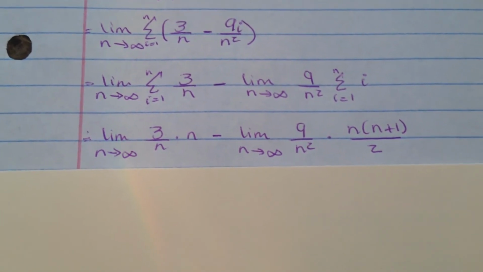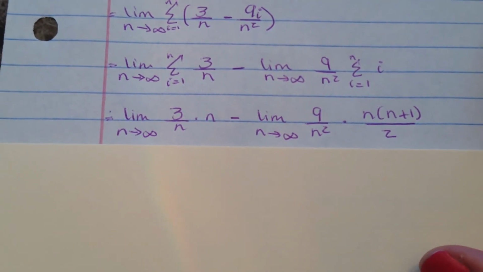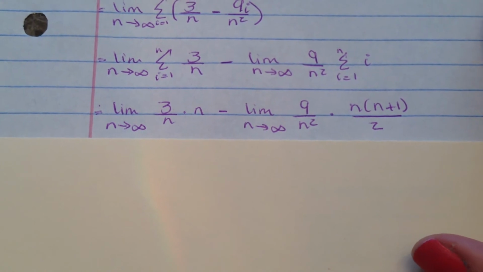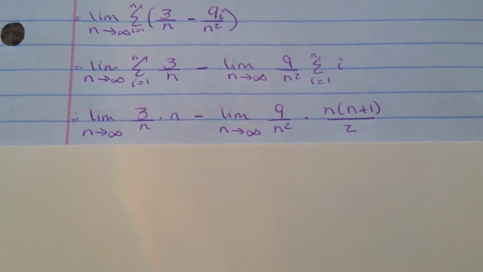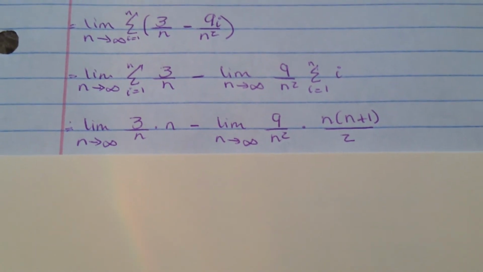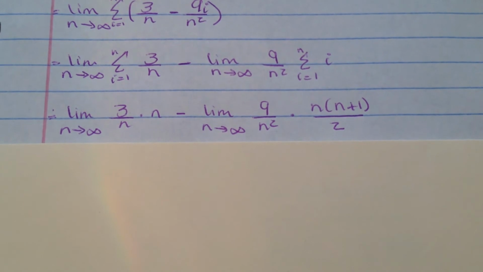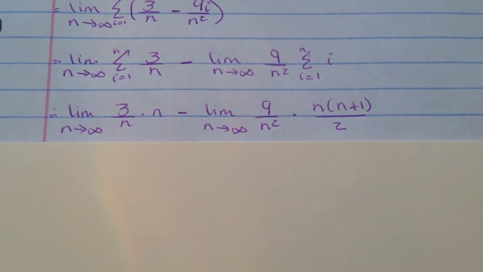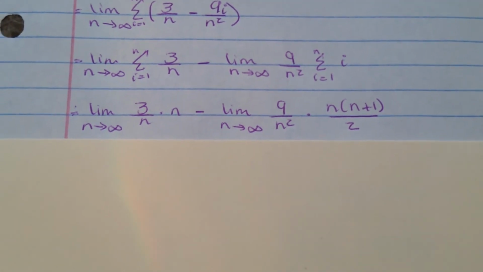And then as n goes to infinity, we put in n, so it's 3 divided by n times n, minus, as n goes to infinity, 9 divided by n squared times the sum of i, which is n times (n plus 1) divided by 2.